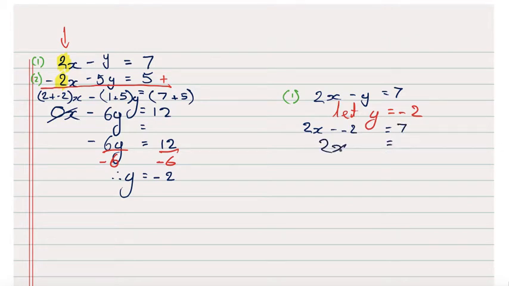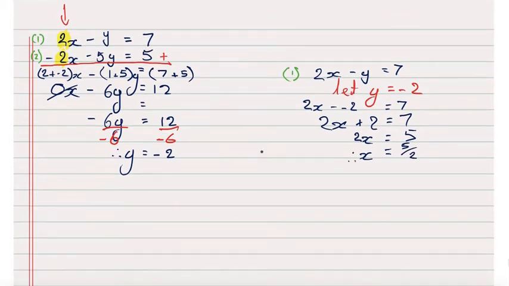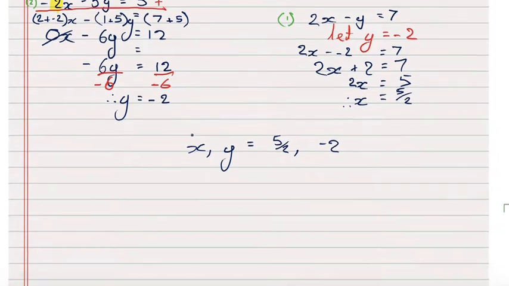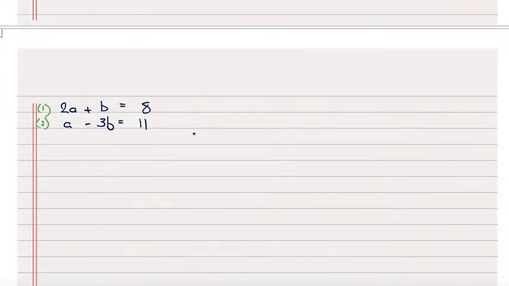So 2x, two negatives becomes a positive, 2x plus 2 equals 7, then 2x equals 7 minus 2, which is 5. Therefore x equals 5/2. So our solution to this pair of equations is x and y equals 5/2 and negative 2.